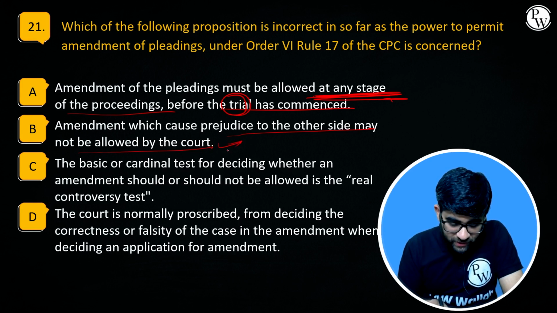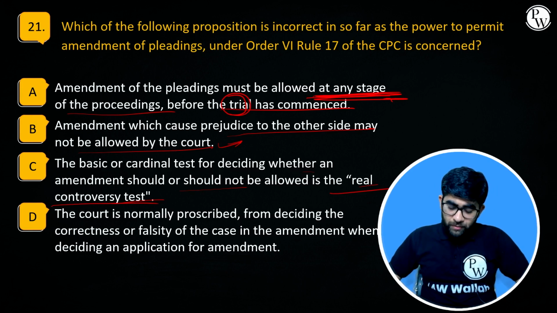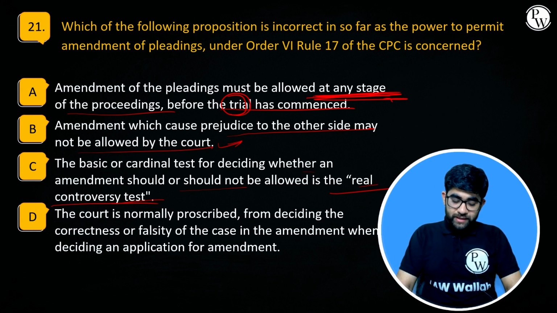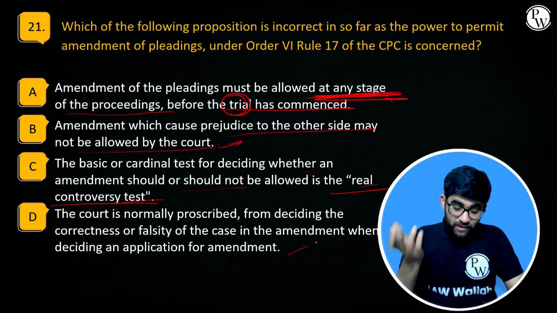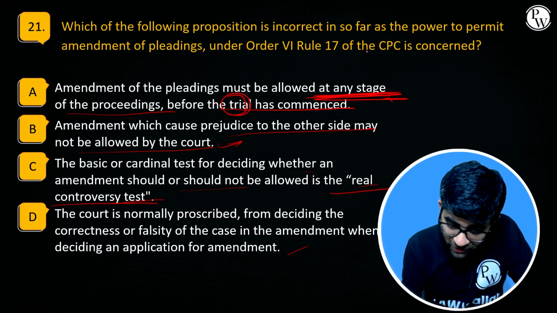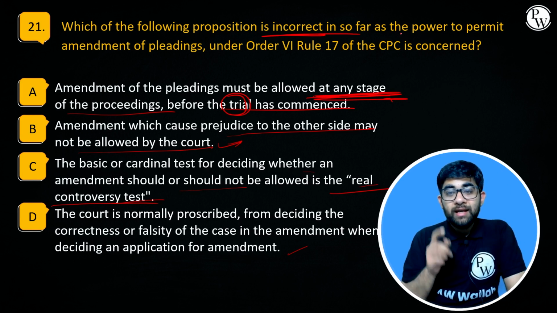Correct. This is correct. The basic or cardinal test of deciding whether an amendment should or should not be allowed is the real controversy test. The court is normally precluded from deciding the correctness or falsity of the case in the amendment when deciding an application for amendment. Correct. So the incorrect statement, all right, we have to actually point out the incorrect statement.